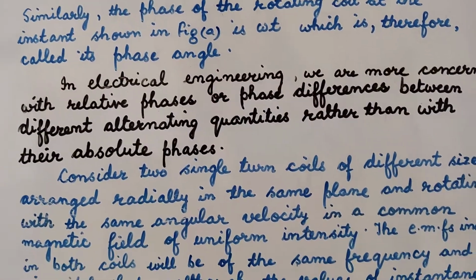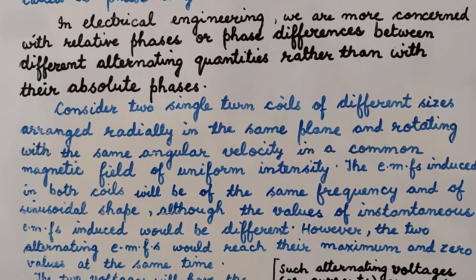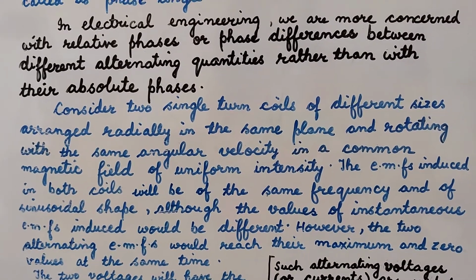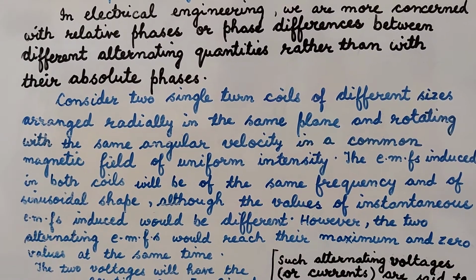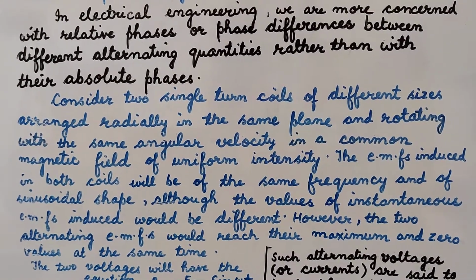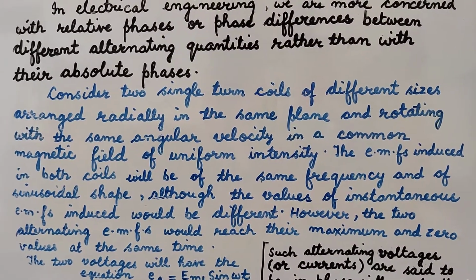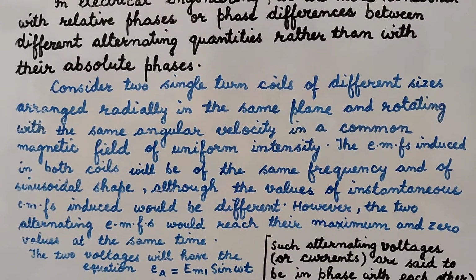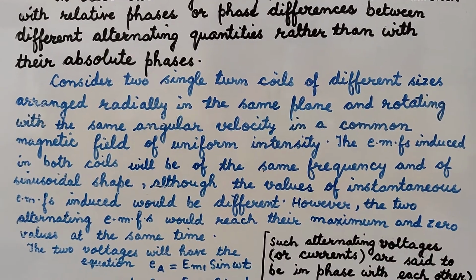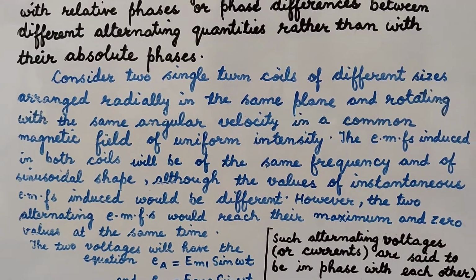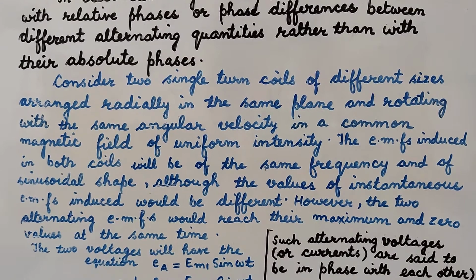As you saw, we have considered two single turn coils of different sizes. We have arranged them radially in the same plane, and we are rotating both of them with the same angular velocity omega in a common magnetic field of uniform intensity, as a result of which EMF will be induced in coil A as well as in coil B. The EMF induced in both the coils will be of the same frequency, because both are rotated with the same angular velocity, and the EMF induced in both will be of sinusoidal shape.